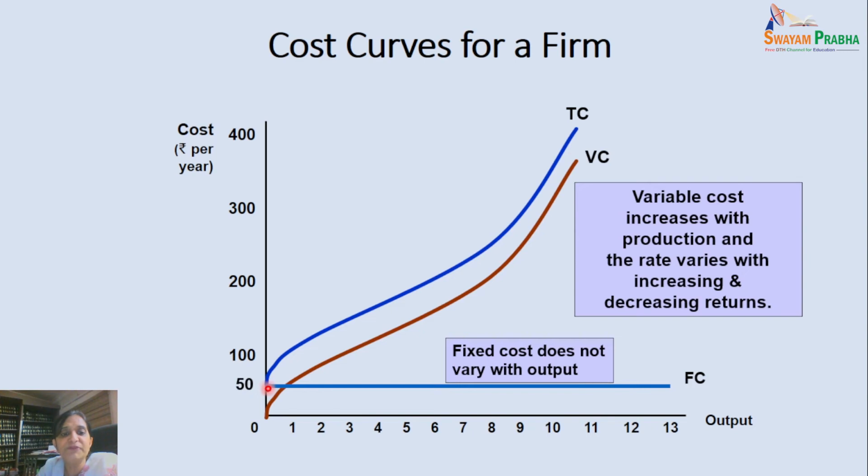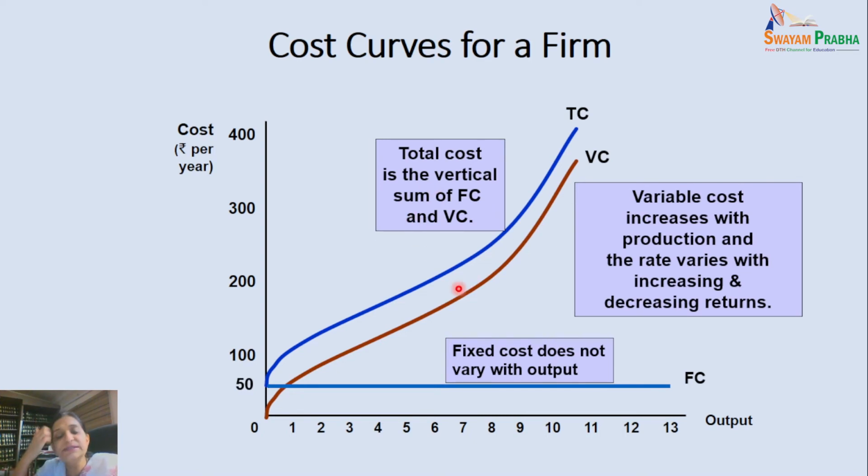So you'll start from this point, and thereafter, whatever the change in total cost is because of the behavior of the variable cost. Therefore, we say total cost is the vertical sum of fixed cost and variable cost. So total cost will also first increase at a diminishing rate, and then it will start increasing at an increasing rate.